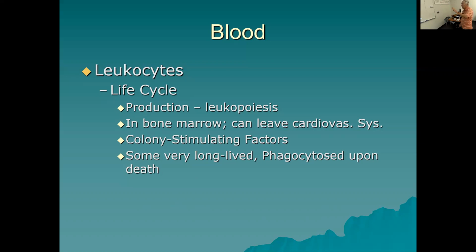They're stimulated by colony stimulating factors, which are mostly paracrines called leukotrienes. And we'll talk more about those in the immune system when we get to it. And these are stimulated by the presence of antigens, foreign proteins in the body from wherever.